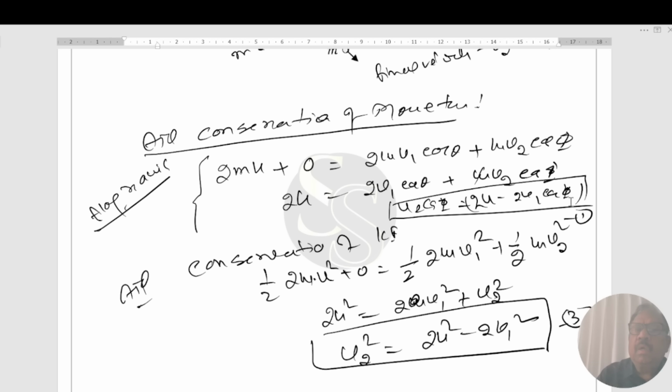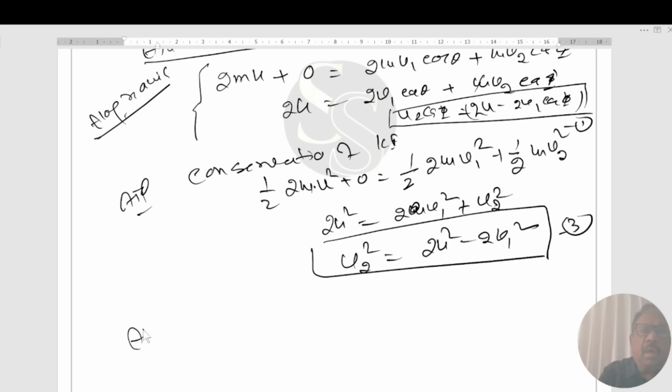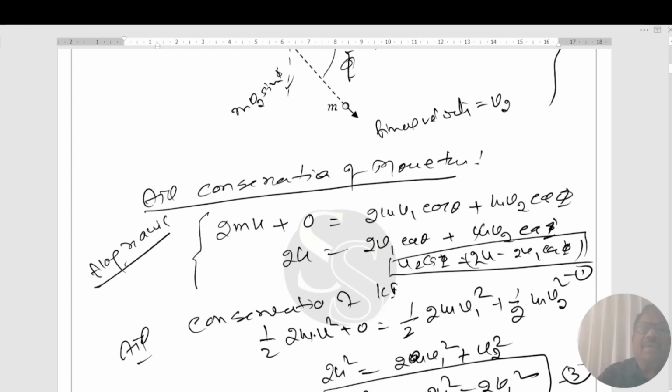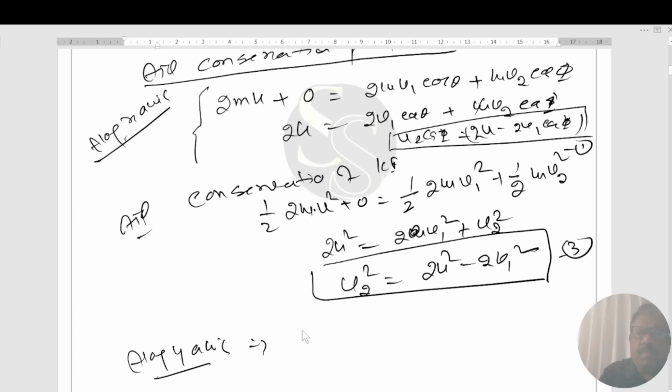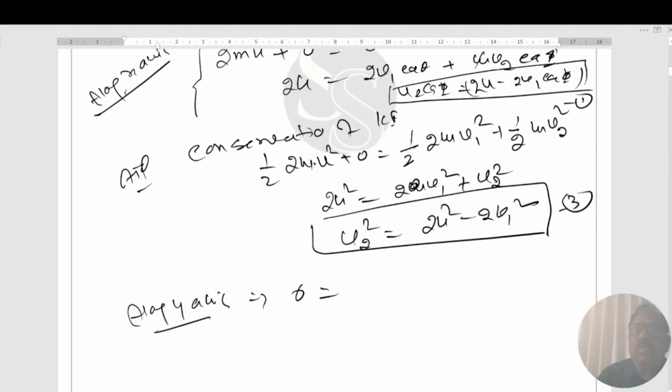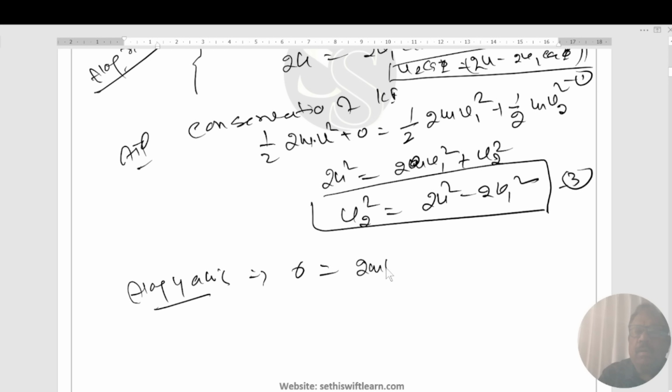Now equation 2, conservation of momentum along the y-axis. Initially it is 0, which equals 2m v1 sin theta minus m v2 sin phi.